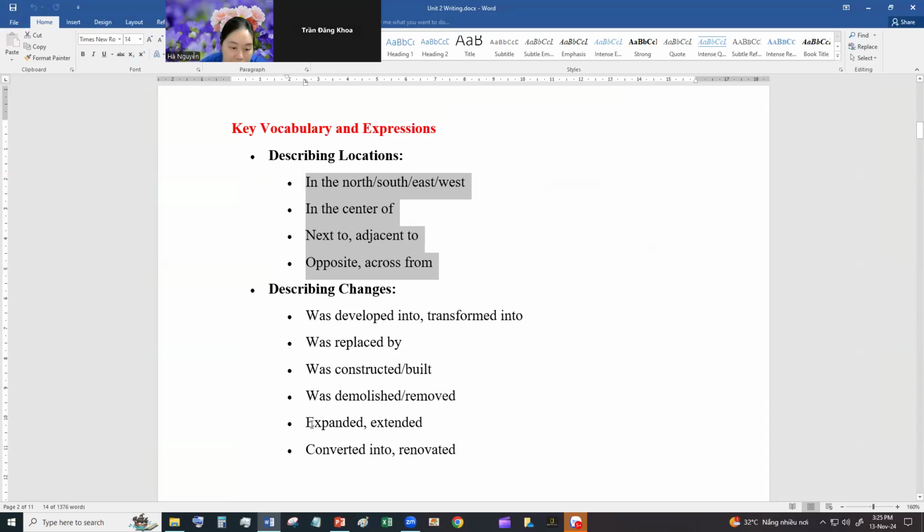And in the active voice, something expanded, someone converts something into, or something is converted into, and someone renovated something, or something is renovated. Okay, so these are some basic verbs and prepositional phrases for location and change. Right?